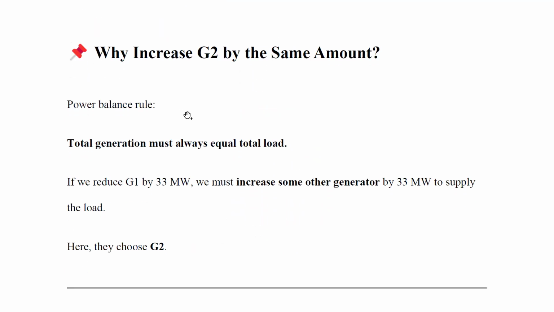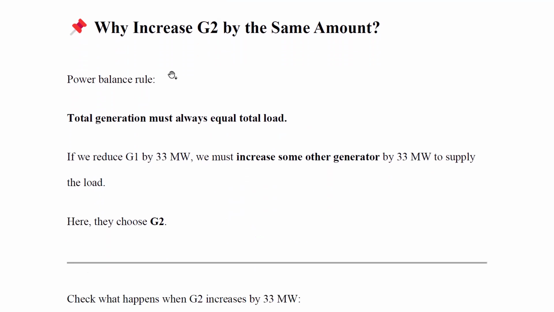Say for example, why should generator 2 increase by the same amount? By using the power balance. What is meant by power balance? Generation must equal the total demand, that means total load. So if you reduce generator 1 by 33 megawatt, we must increase some other generator by 33 megawatt to supply the load.